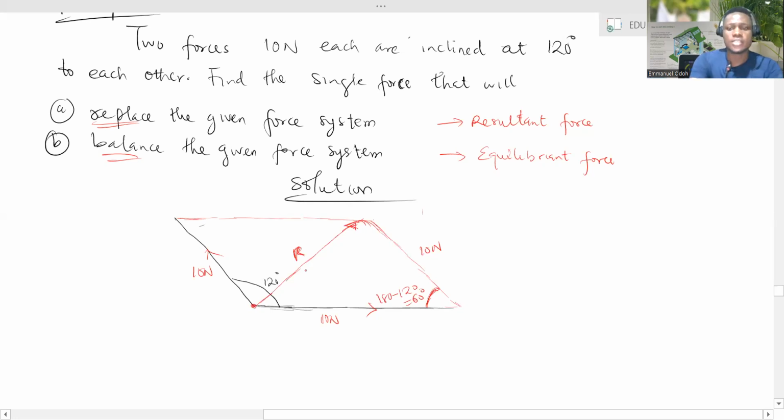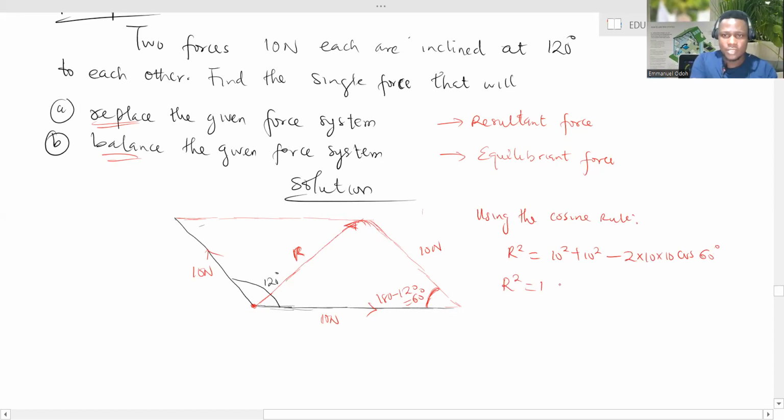So let's use the cosine rule to solve our problem. Using the cosine rule, we have that the square of that resultant is equal to the sum of the squares of the other two sides, minus 2 times the product of those two sides times the cosine of the angle opposite the resultant, which is the 60 degrees that we calculated. So let's solve this mathematically.